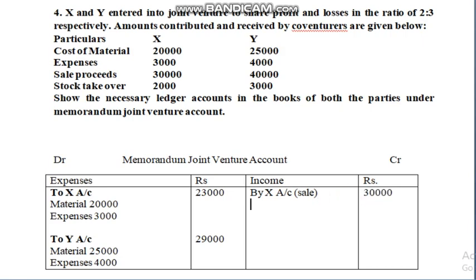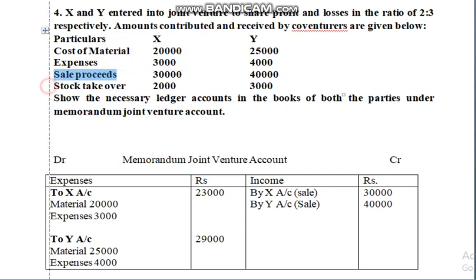Then another one, Mr. Y sold 40,000 worth of goods. So here by Y account. This is also a transaction relating to sales, made by Mr. Y, rupees 40,000. So the sales transactions were over.